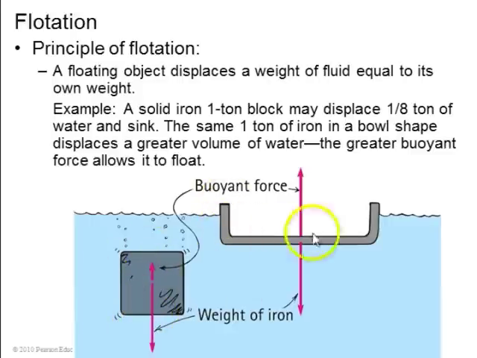But if you make that into a bowl shape, it will displace its own volume plus this whole big volume of air until the amount of water it displaces equals the weight of the iron, and then it floats. That's how the Titanic floats on the top of the water.